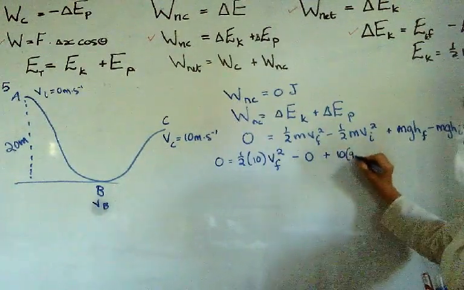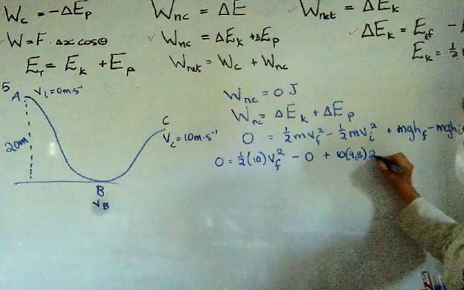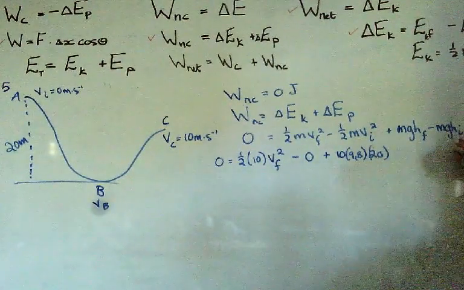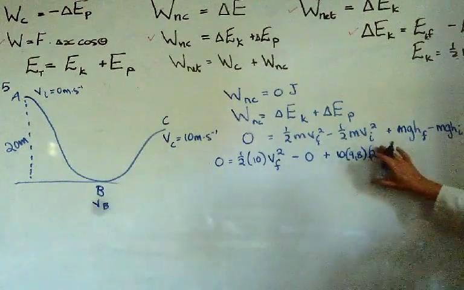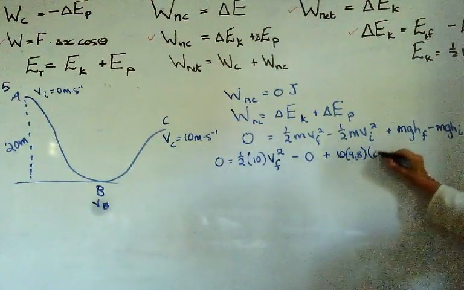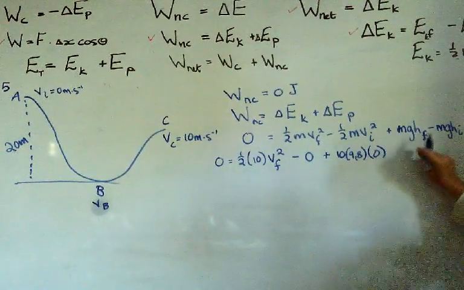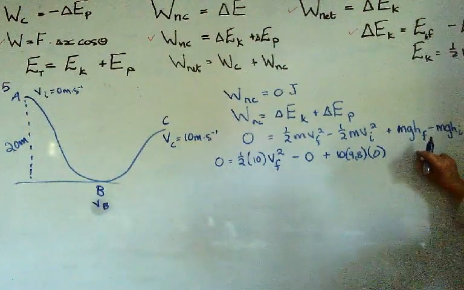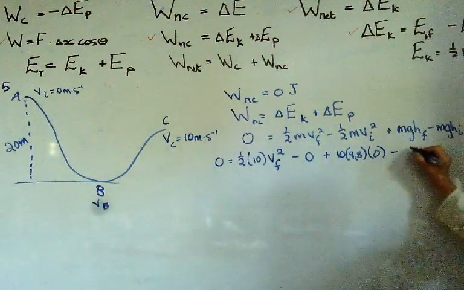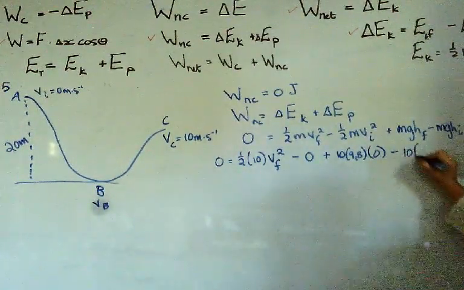This is 0 times 0, so the final height above B is 0. Minus 10 times 9.8 times 20. It's just to substitute the height in the right place. It's final minus initial.